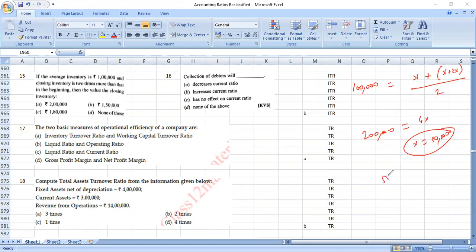Opening stock is 50,000. 50,000 plus closing stock, divided by 2, is equal to 1 lakh. So this becomes 2 lakhs. So closing stock is 1,50,000.